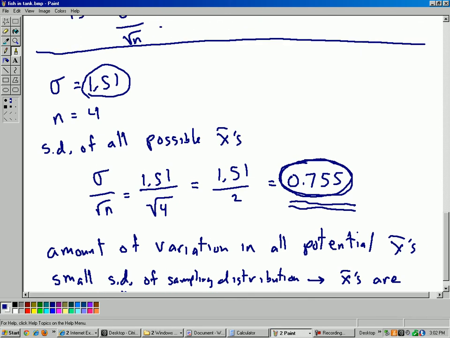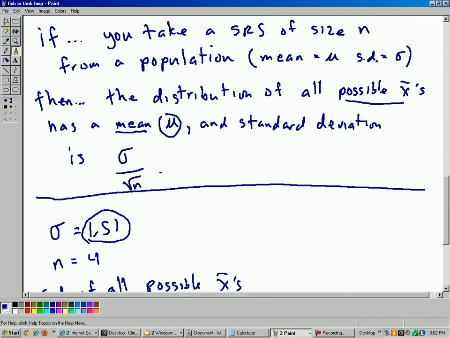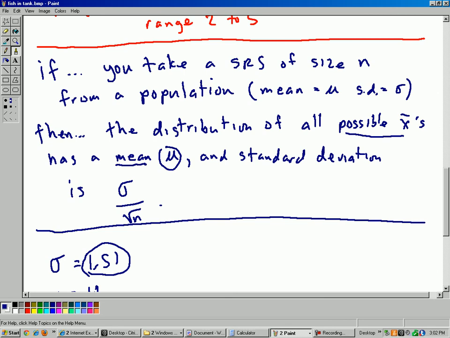Now, I want to mention one more thing here about this part. This part gets overlooked sometimes here. It's back to our rule. If you take a simple random sample size n from a population, then the distribution of all the possible x bars has a mean of mu. So what that tells us is, back to our Excel sheet here.